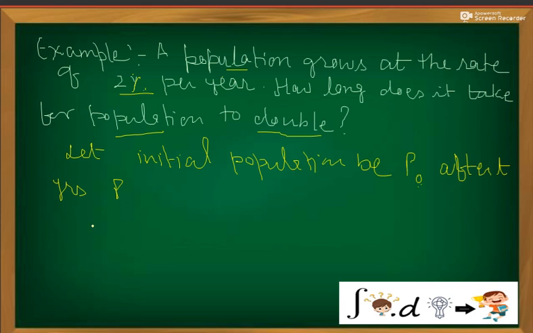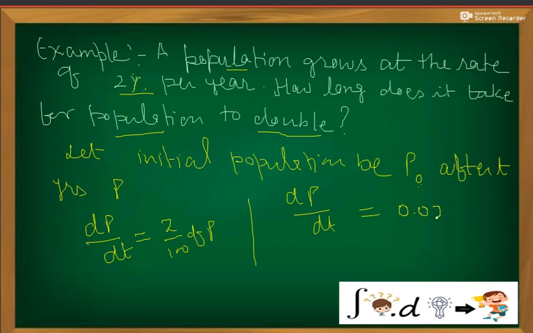That means we have given dP upon dt, because rate of change of population with respect to time is equal to 2%. 2% means 2 by 100 of P. So dP upon dt is equal to 0.02 P.